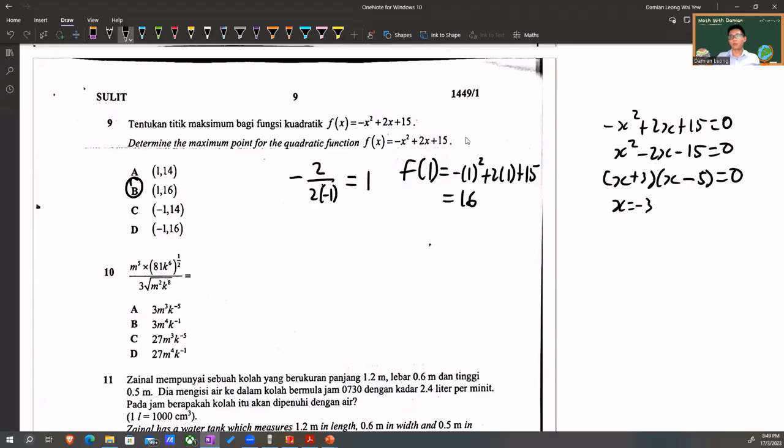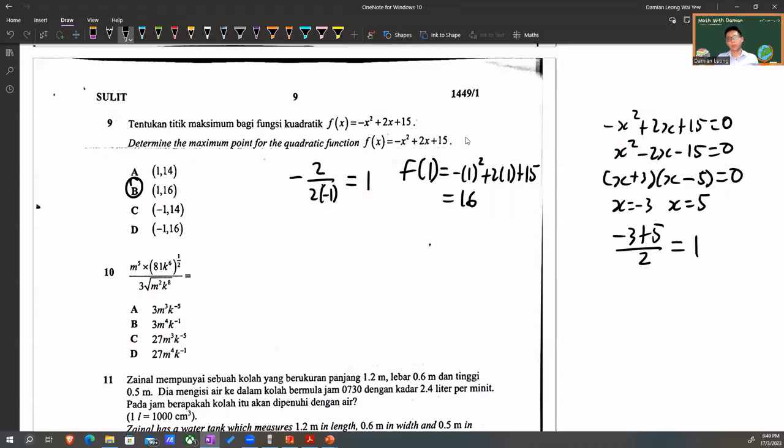So x is negative 3, x is 5. So in between negative 3 and 5, add together divide by 2 is 1. That's the axis of symmetry. Yeah, x equals to 1, which is the same.